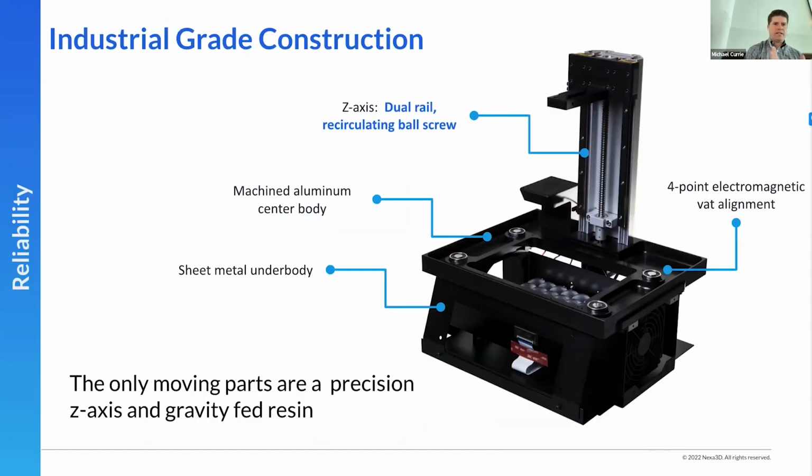Okay, industrial grade. We took the approach of starting with industrial components, making this an extremely robust system. And what we have here is a sheet metal underbody, and then a solid machined aluminum center body on which the LCD lays and sits.